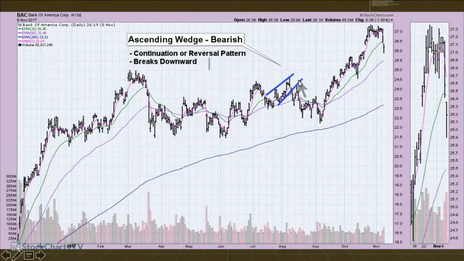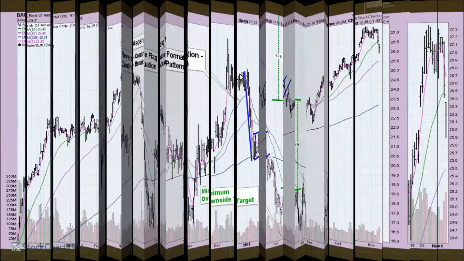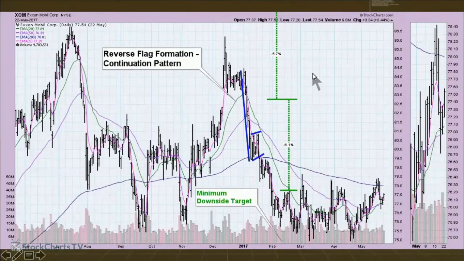So even though the 50 was above the 200, I would be looking for a breakdown just because we failed to continue on that rise. We didn't get that far above that previous top. And basically it hit it and then fell back down. And then you can see right after that, it started to break down below that channel, and then that was pretty much it.